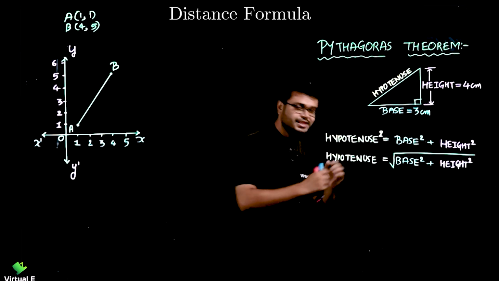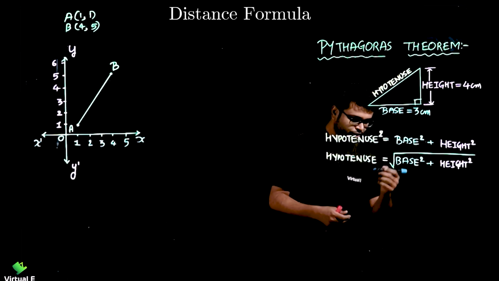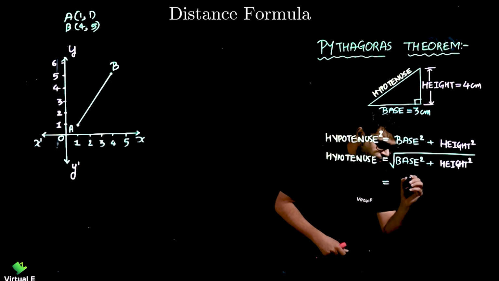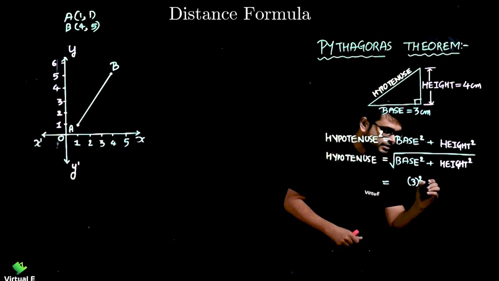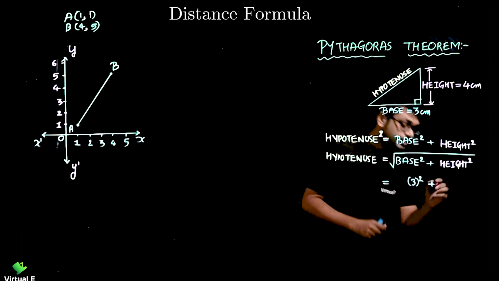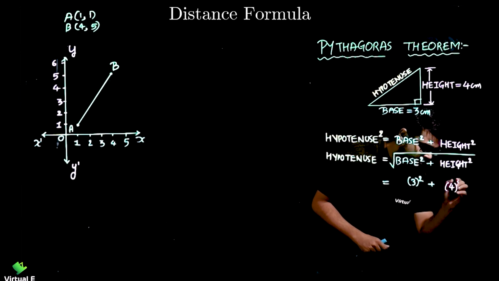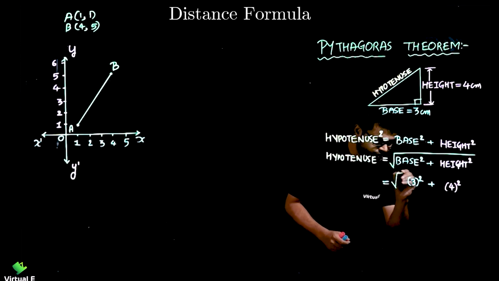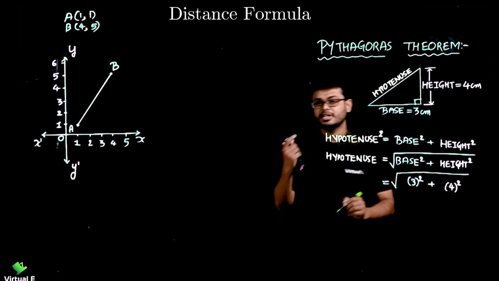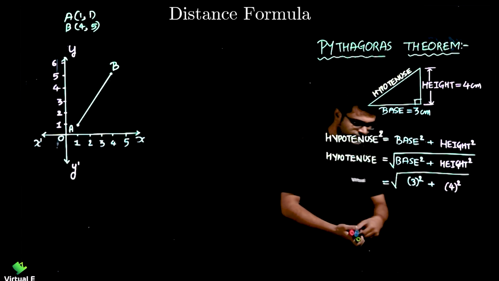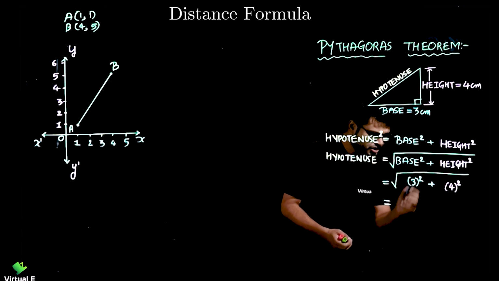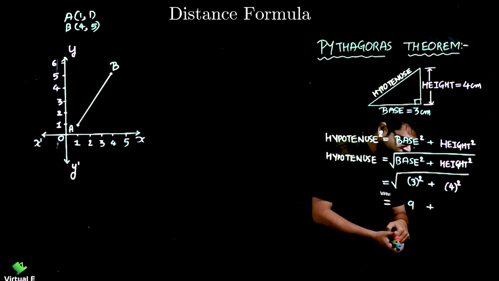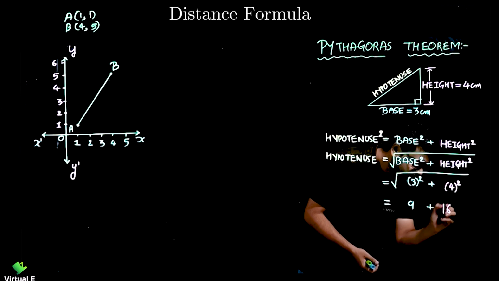So let's get the answer. What I'm going to do, I'm going to substitute the values. So base square, what is the value of base? Which is 3 square. Then what is the value of height? Which is 4 square. Then it is under the square root. So let's write the square root here. Now let's move to the next step. Square of 3 is 9, plus square of 4 is 16.